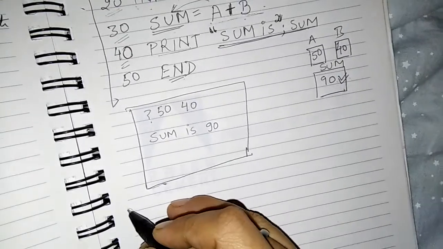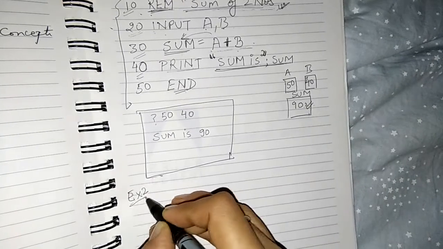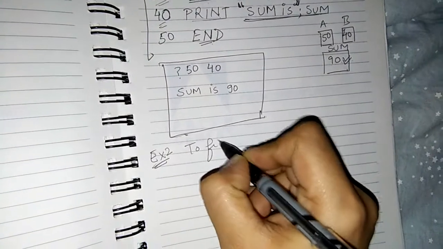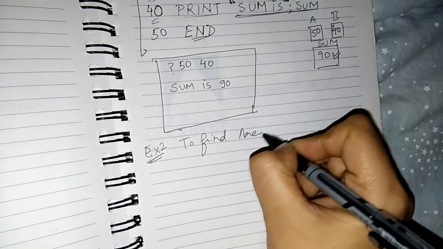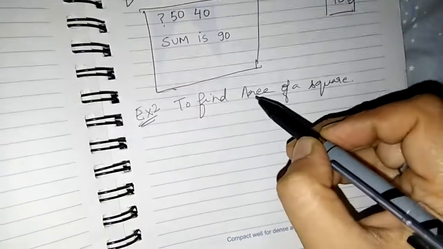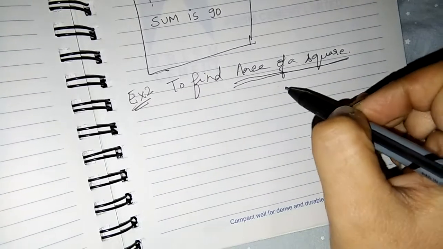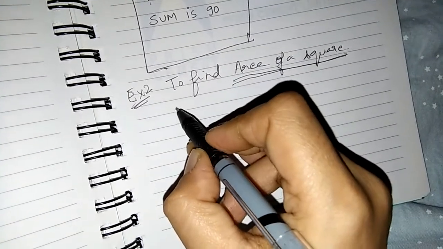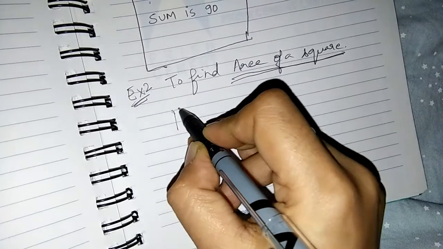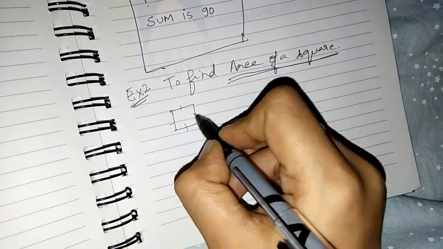Okay, now the second program that I have to discuss is to find the area of a square. Now how will we deal with this type of program? First I should know what a square is. A square has 4 sides, and all sides are equal.